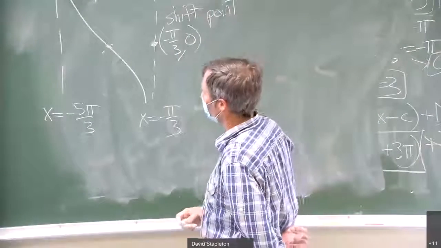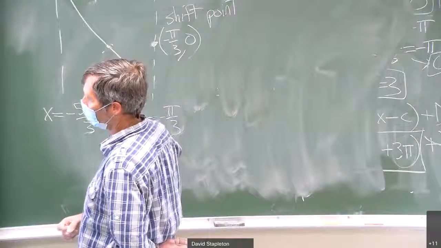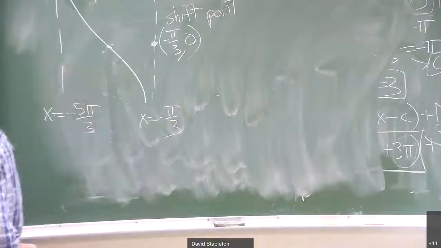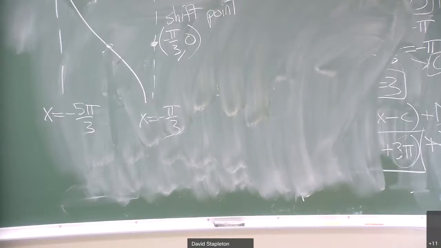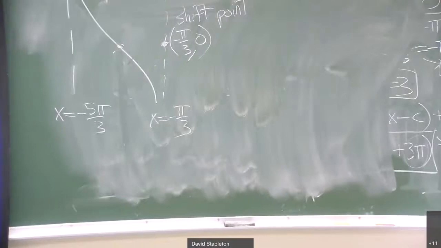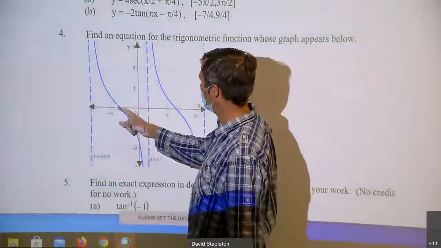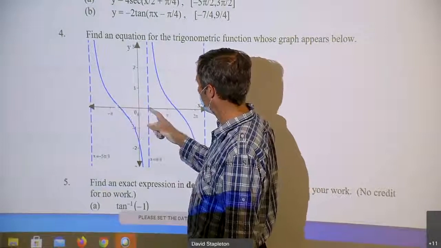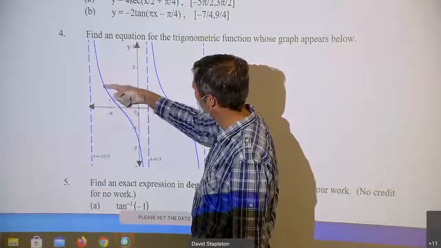Now, instead of amplitude for a tangent or cotangent, we'll say what's the stretch factor. If you look at that, it looks like there is no stretch. When it's halfway between the asymptote and the midline, halfway between this crossing point and the asymptote, it looks like it's crossing one about there.